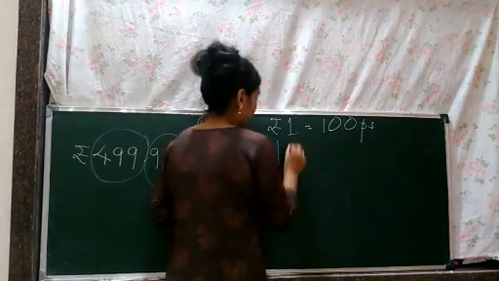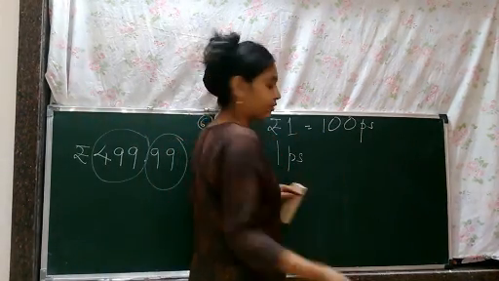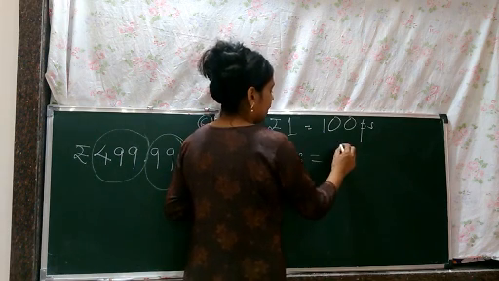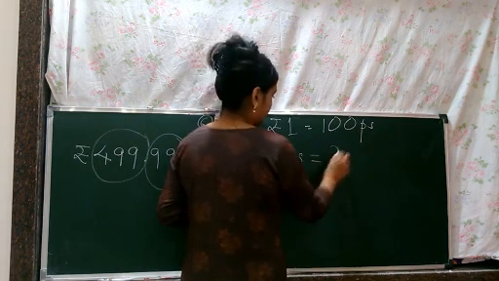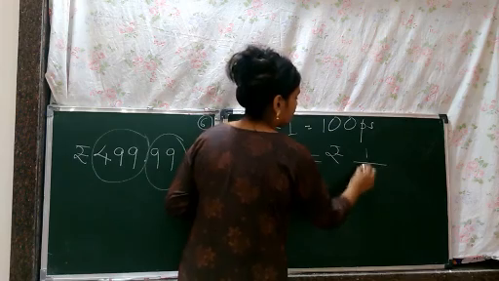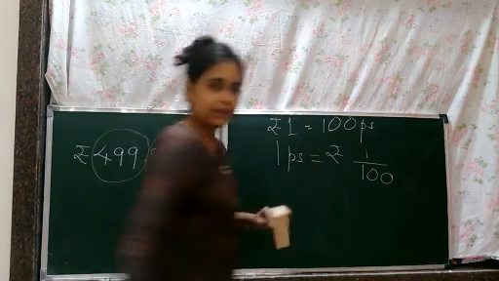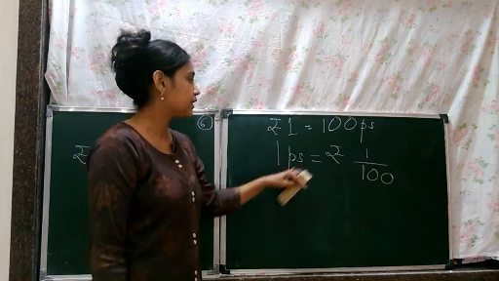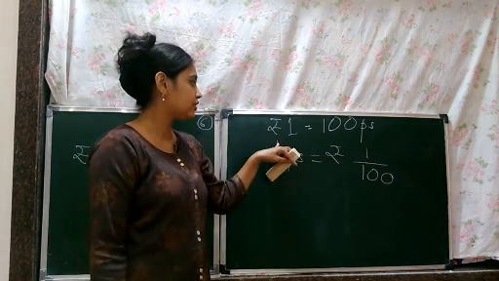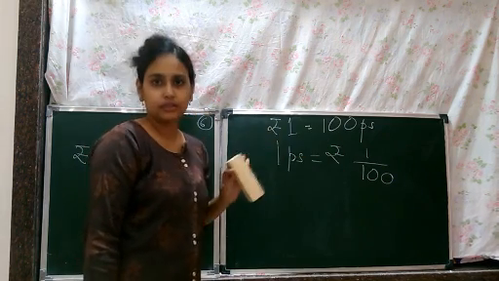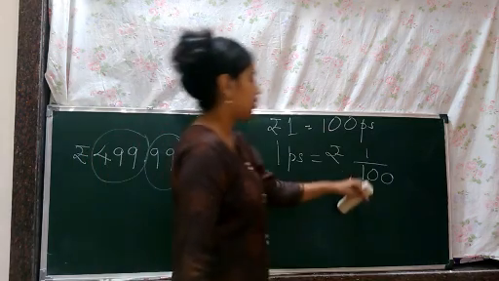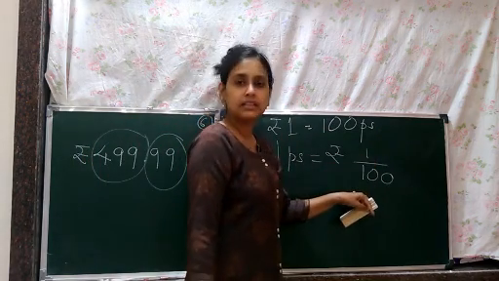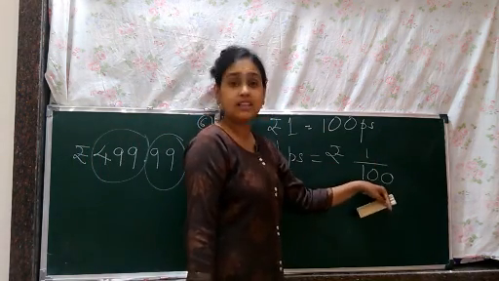So if I say 1 paisa, 1 paisa is equal to how much rupees? You will say 1 by 100. We are going to convert this paise into rupees by dividing this 1 by 100.